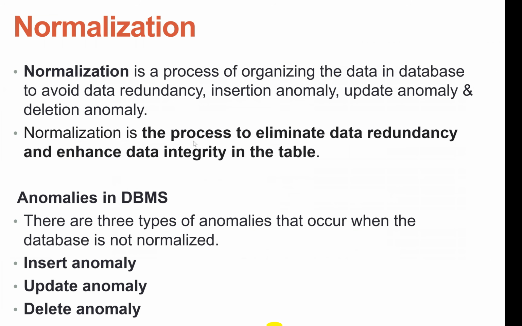Normalization is the process of eliminating data redundancy. Redundancy means repetition. To avoid data repetition, we go for normalization and enhance the data integrity in the table. What is data integrity? How these tables are related with each other. That is what we will go for with normalization.